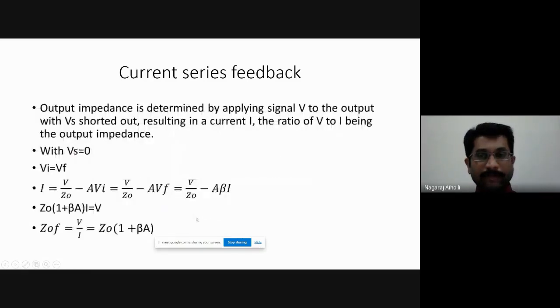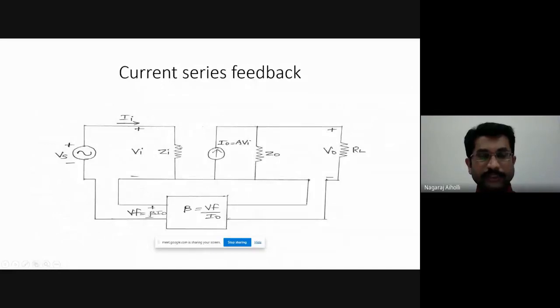Output impedance is determined. How are we finding the output impedance? What is the procedure? Can anybody tell me? For finding the output impedance, we are turning off the active source, that is Vs, making it 0.